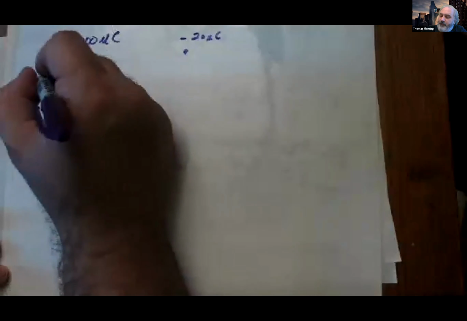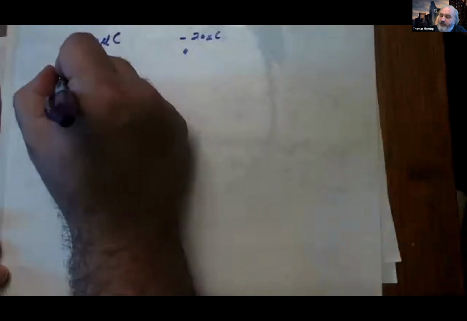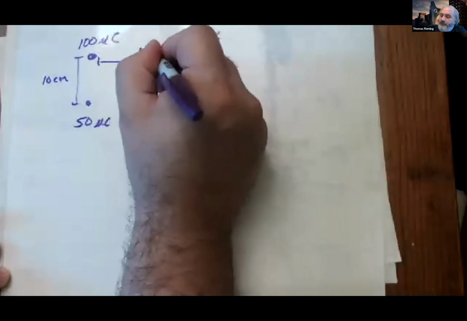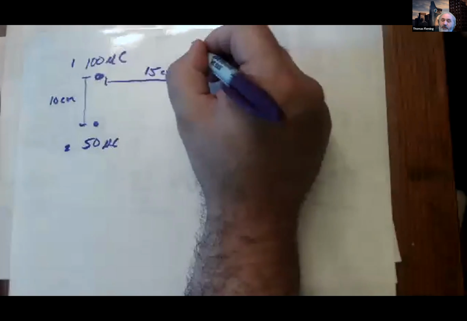And let's put these on a rectangle. Let's have this be 10 centimeters. Let's have that be 15 centimeters. So I've got three charges: charge 1, charge 2, charge 3.